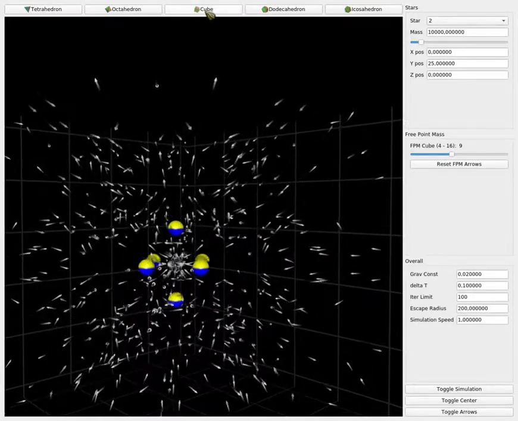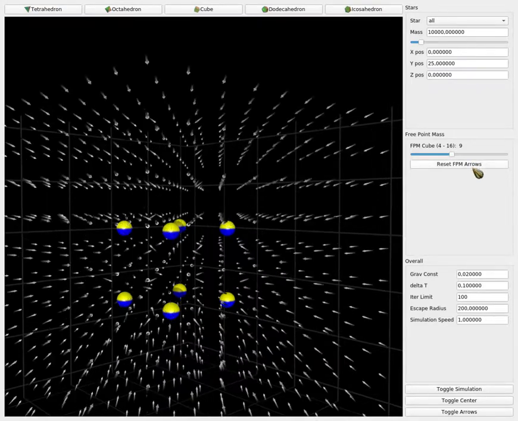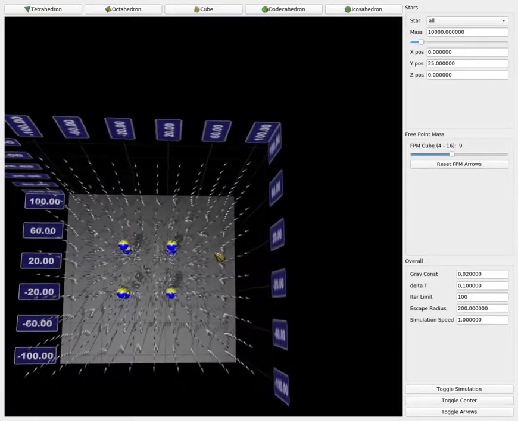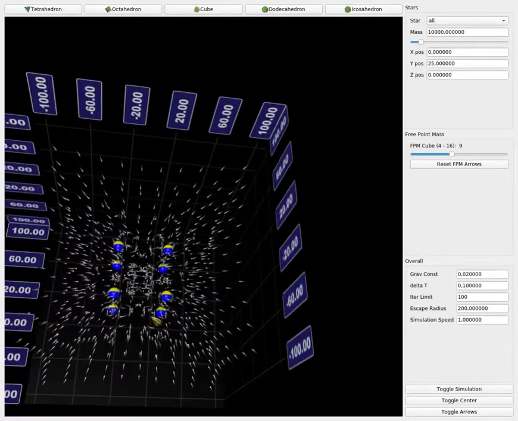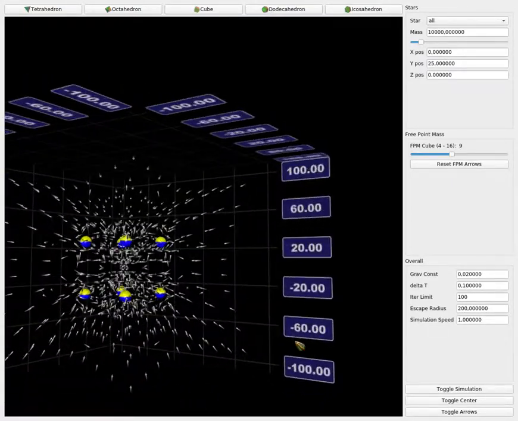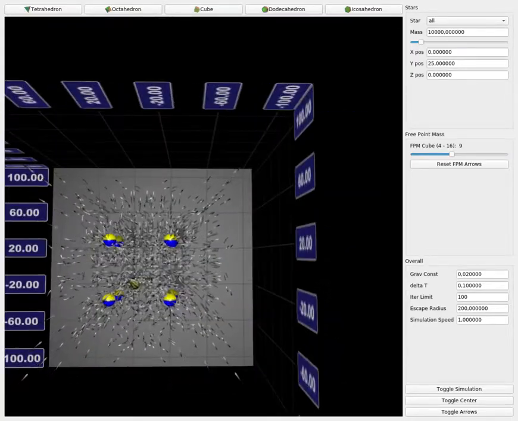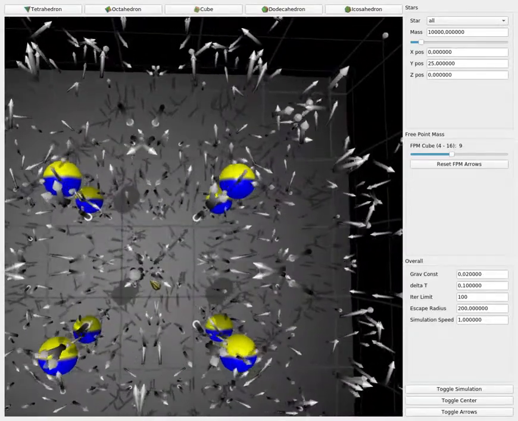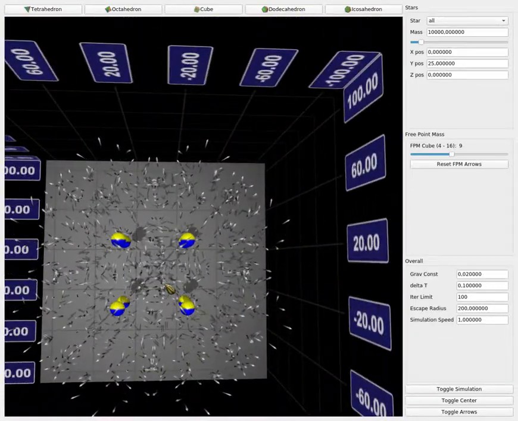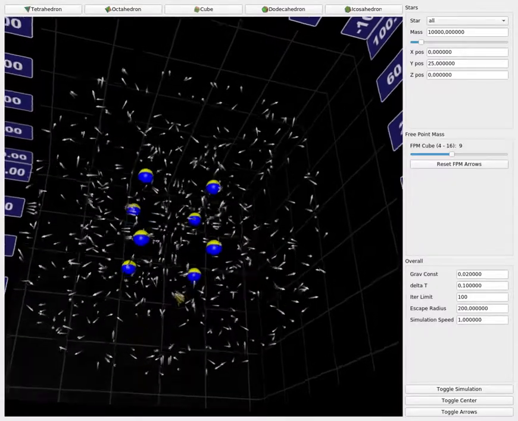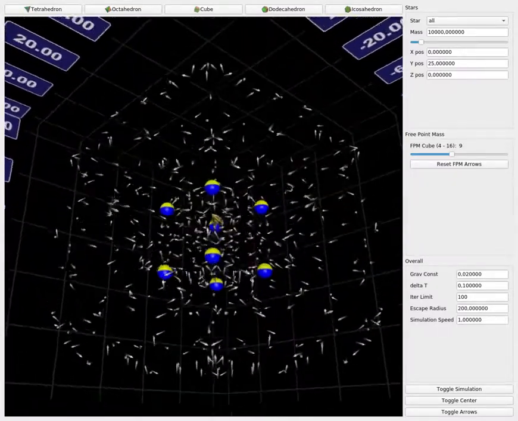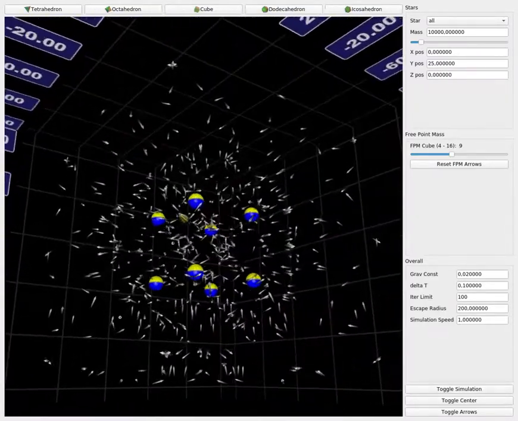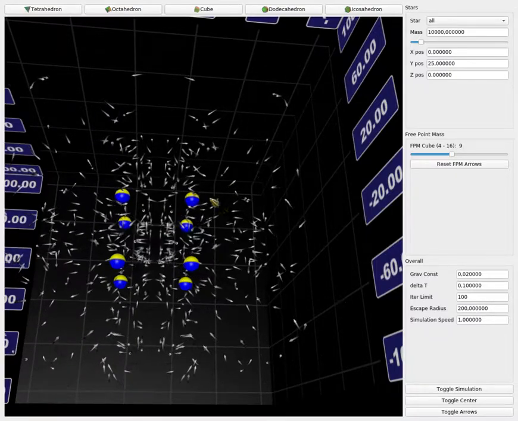Alright, let's go to the cube and reset the FPMs. Again, it might be tough to see, but I can see it, because I know what to look for.